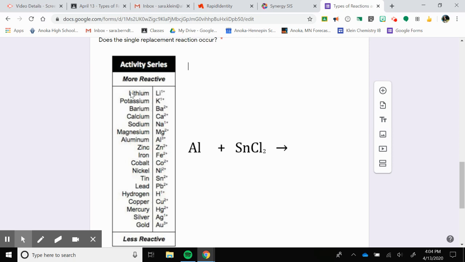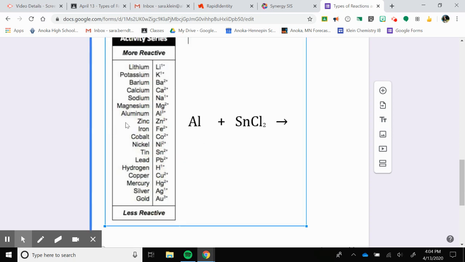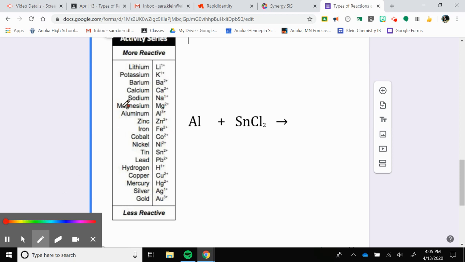The higher it is on the series, more towards the top, the more reactive it is. So we go and we look for Al. We find Al right here. And we look for Sn. We find it right here.